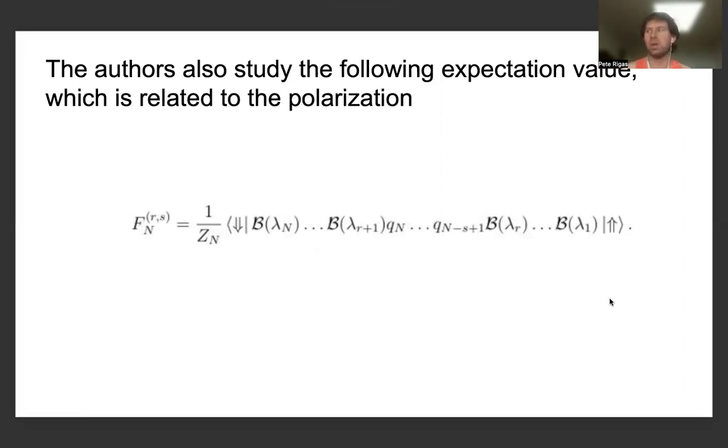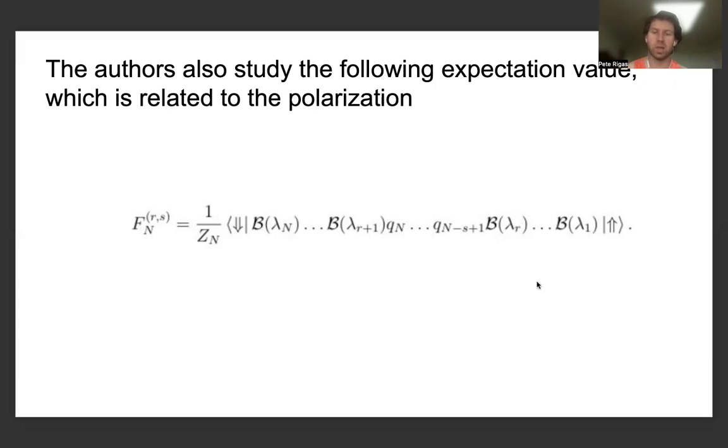So in a similar way that we had described how the authors began several technical computations from an expression given by a ket of an upstate multiplied by various operators, which are given by entries of the monodromy matrix under different spectral parameters lambda sub i, wherein the product i was going from 1 to r.